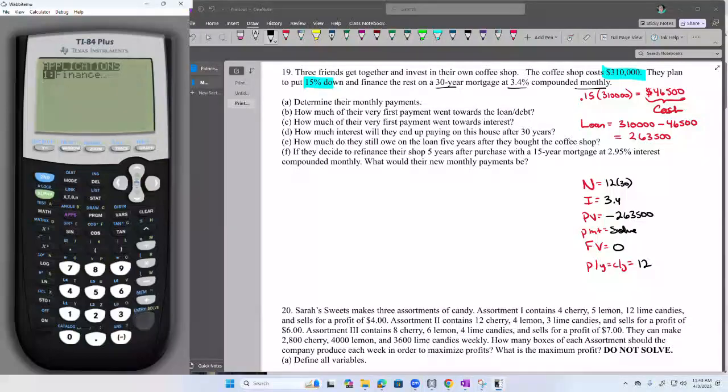So I'm going to go to Apps, Finance, TVM solver, and I'll type this stuff in. Going back up, I'm going to solve for my payment. I get 1168.57.